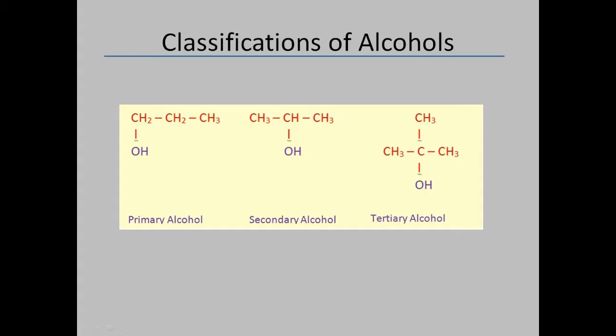In a secondary, our alcohol is bonded to a carbon on the main chain that is bonded to two other carbon atoms. So that makes it a secondary. In a tertiary, our hydroxyl group is bonded to a carbon bonded to three other carbons. The type of alcohol it is will be important when we talk about reactions later on.